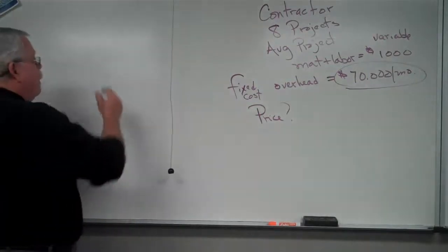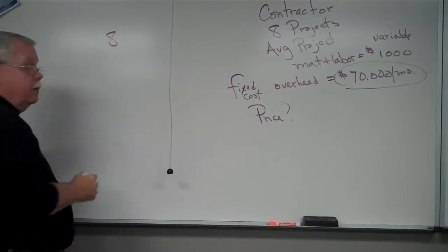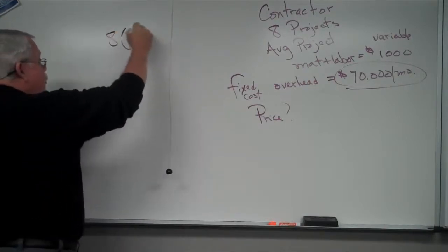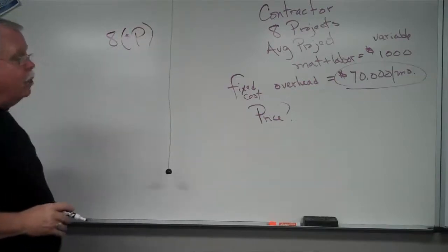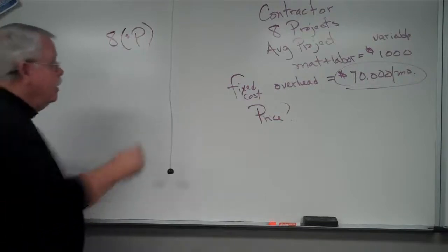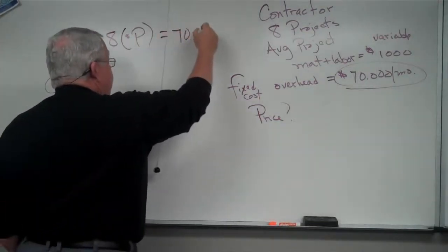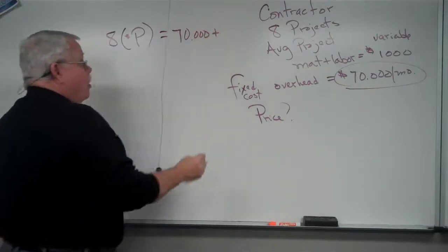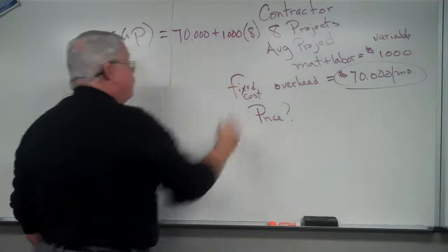So, in this case, I can say 8 projects, each one for this price, however many dollars we're going to figure out, has got to cover what? It's got to cover my fixed costs, $70,000, plus my variable cost of $1,000 per job, 8.